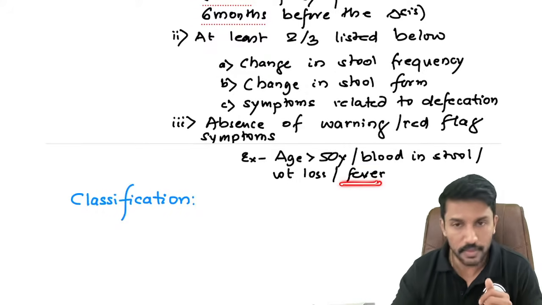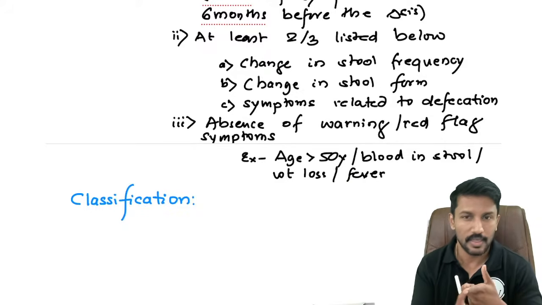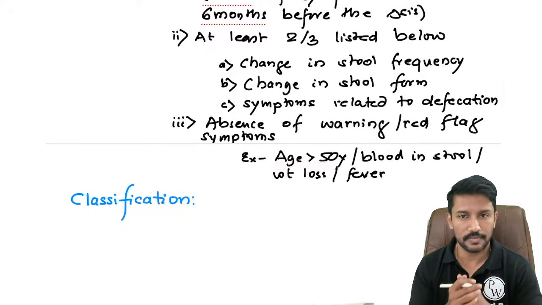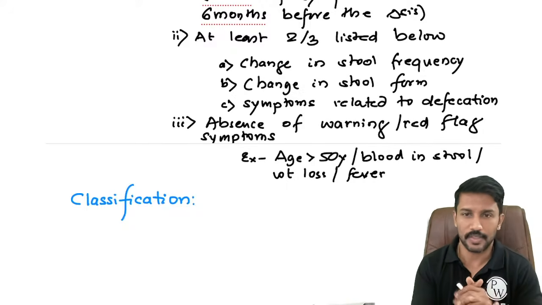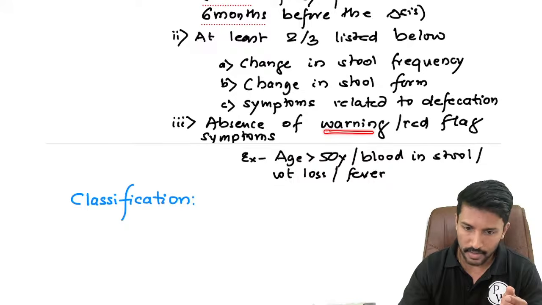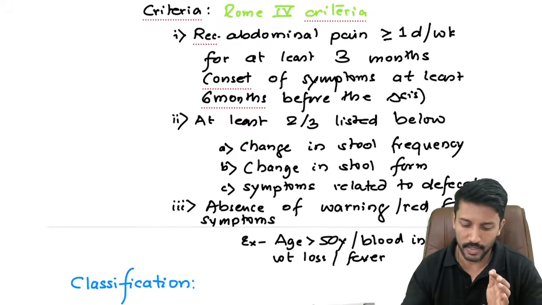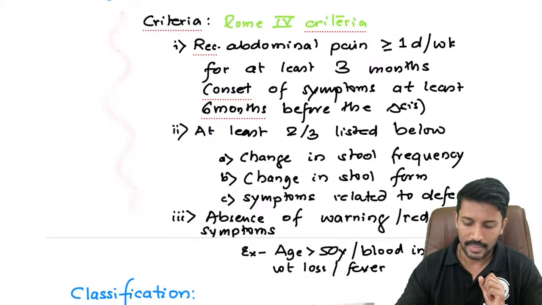If he is having fever, it may be pointing towards amoebiasis, enteric fever, colorectal cancer, or Crohn's disease, which can present with fever. So these are all considered warning signs or red flag signs. So they should be absent before you make a diagnosis of irritable bowel syndrome.